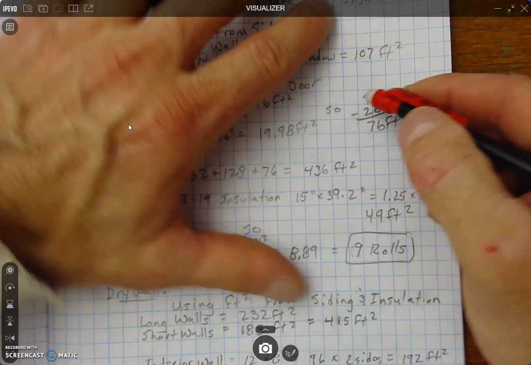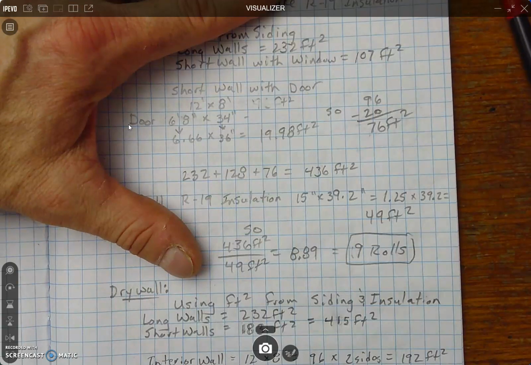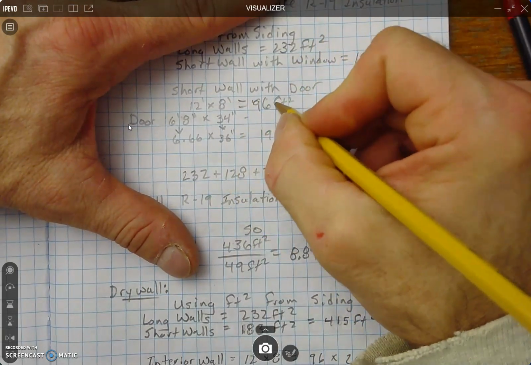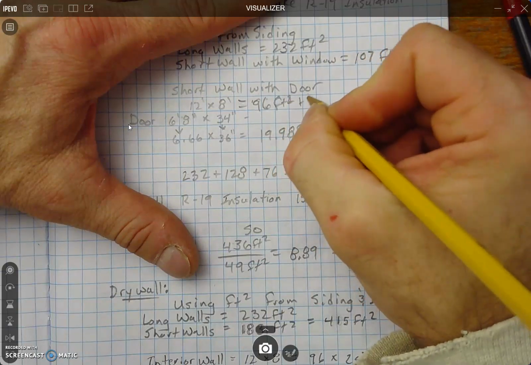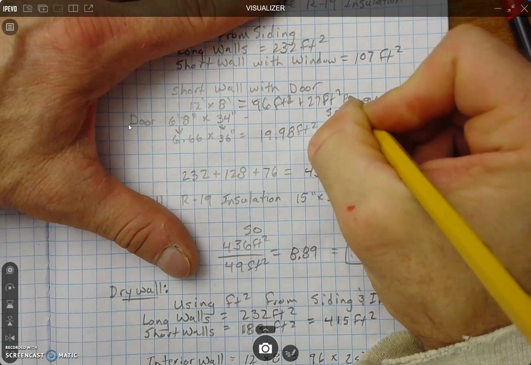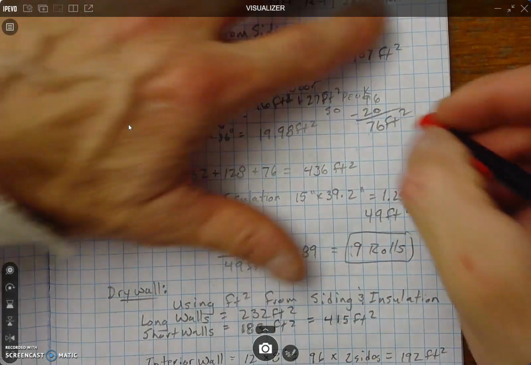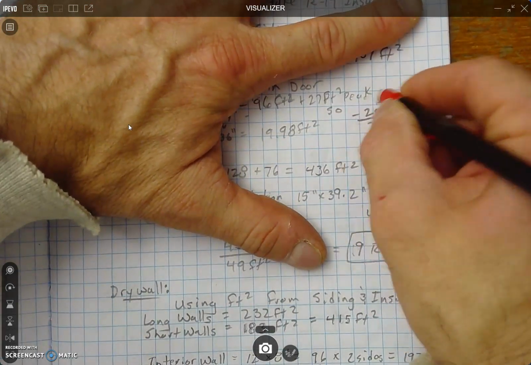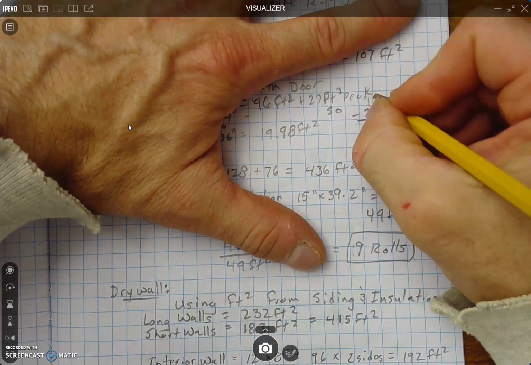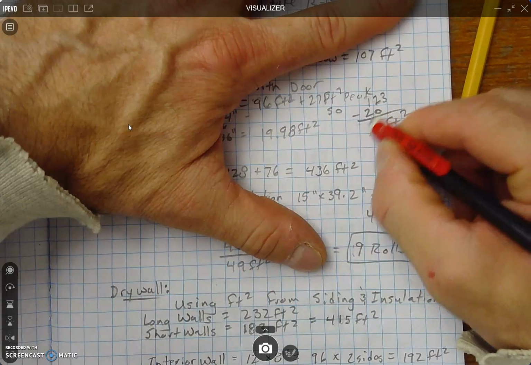So that's 96 plus 27 feet squared peak, which is 123. So that's 123 minus 20, which is 103.